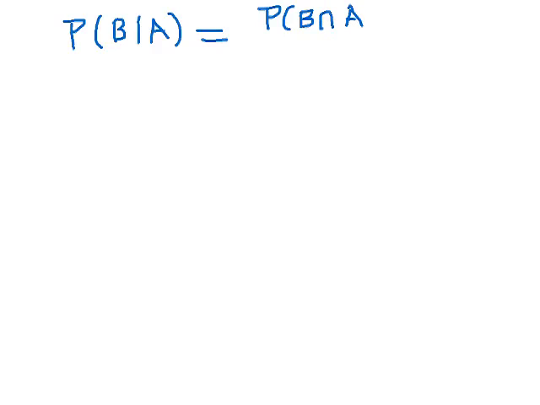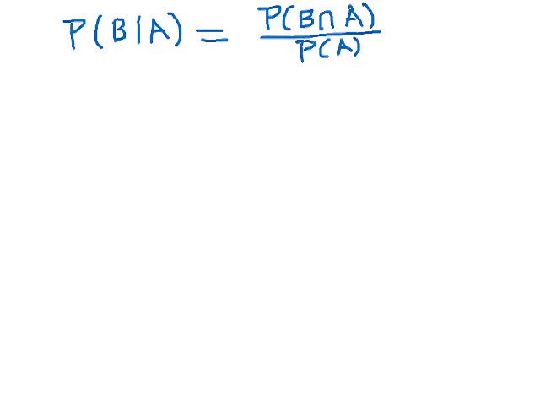Conditional probabilities are very useful sometimes in calculating ordinary unconditional probabilities. Remember that the probability of B given A is defined as the probability that both things happen, B and A, the intersection of the two events, divided by the probability that A happens.